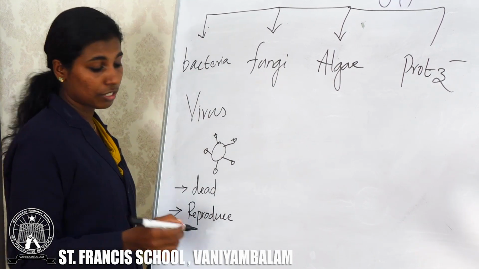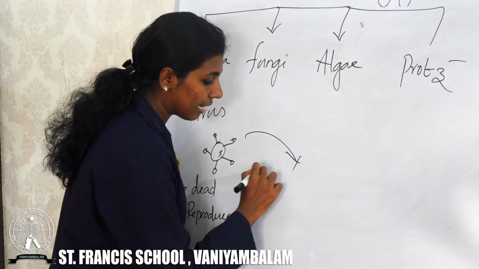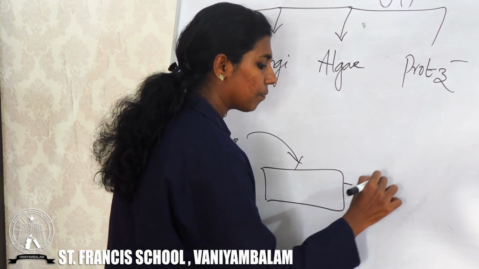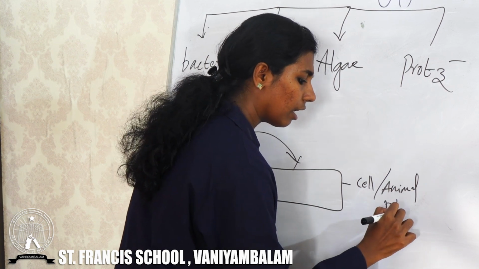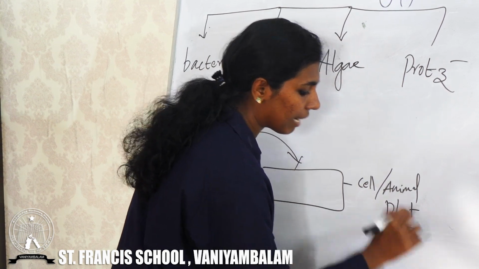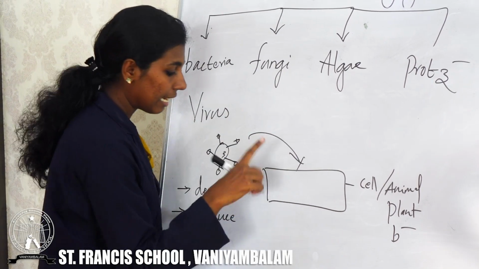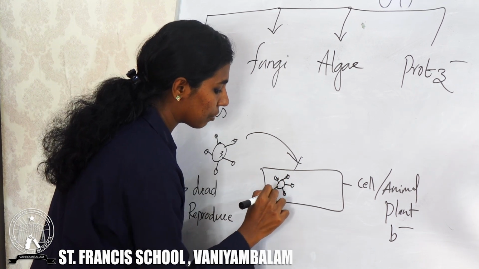When this virus enters into a cell, this cell can be an animal cell or a plant cell or a bacterial cell, the virus will become live and it can reproduce.